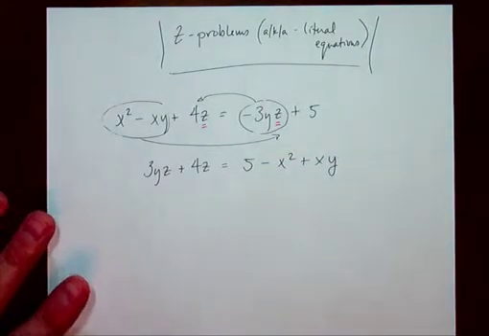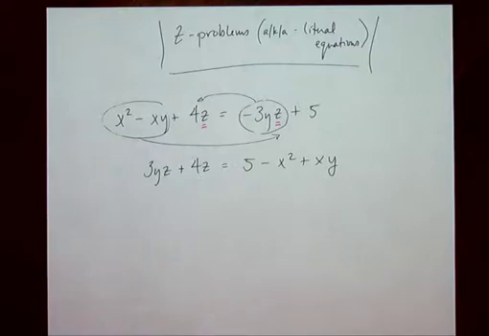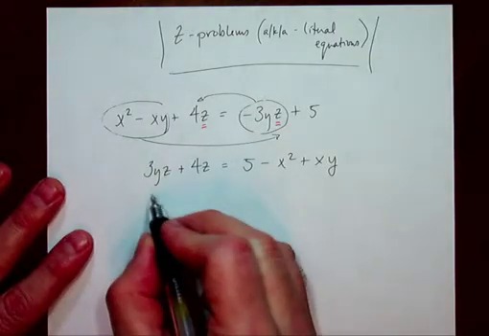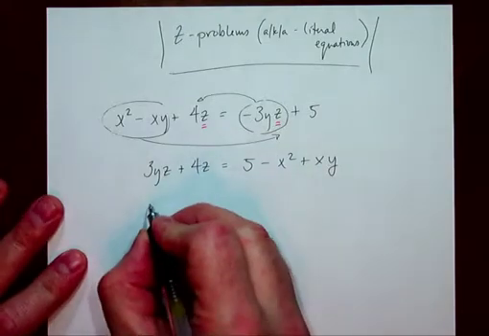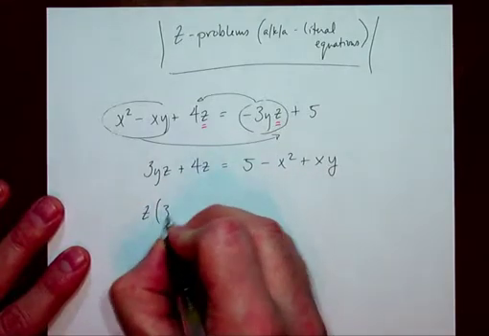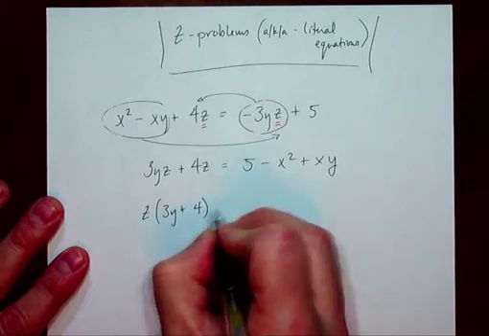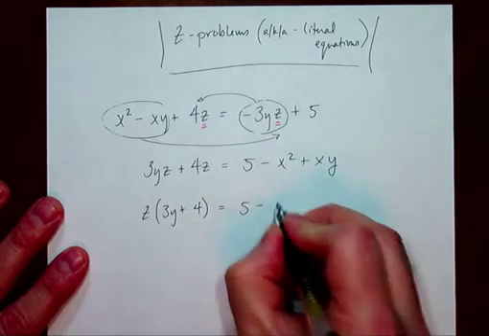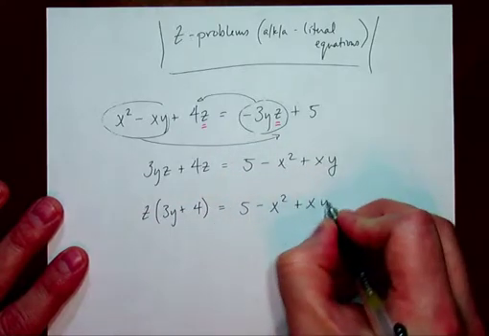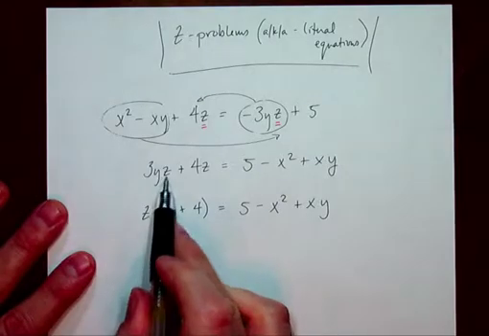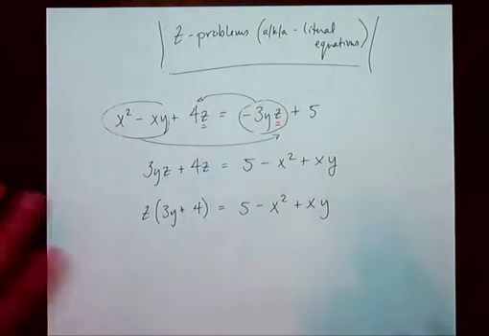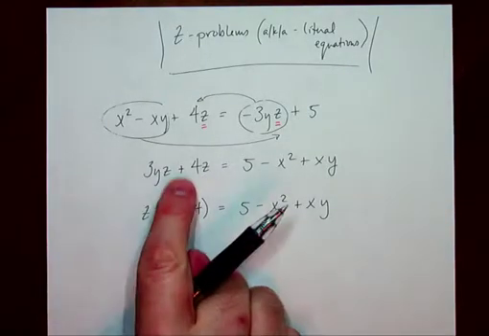And all I've done is just collect all the z terms on one side and collect all the non-z terms on the other side. Now from here, I need to factor out, or what I've called before, undistribute the z. And now that I've undistributed, I have a single z. Here I had two z's, so there was no way of actually solving for z from this form.